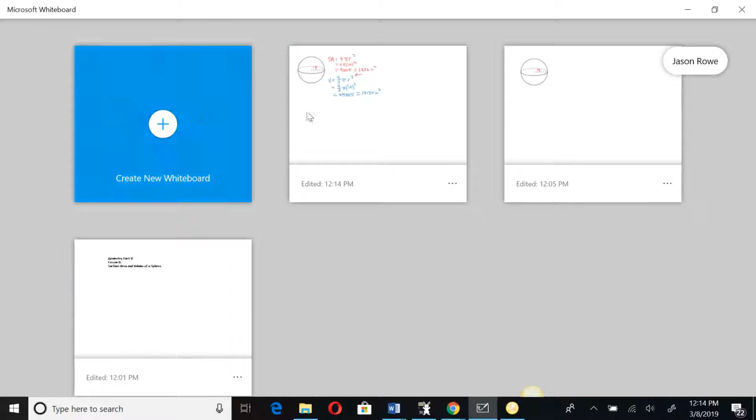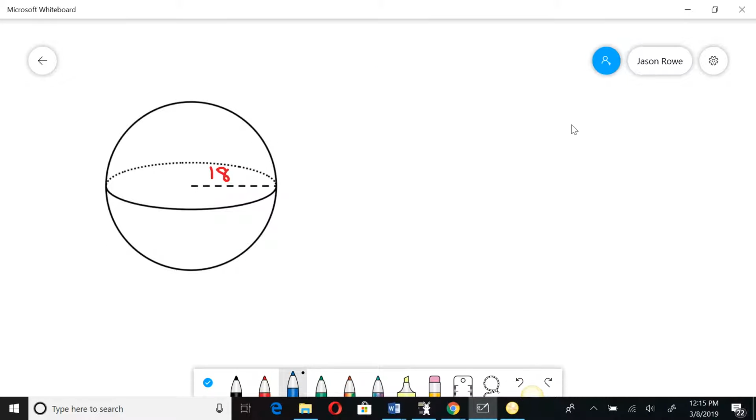So let's walk through one more example. This one has a radius of 18. So again, surface area. Four times pi times the radius squared. So 4 times pi times 18 squared.